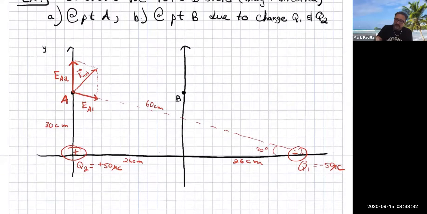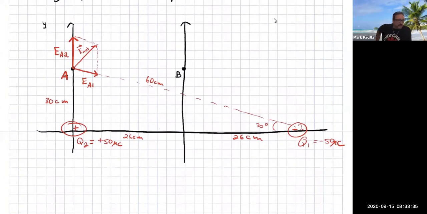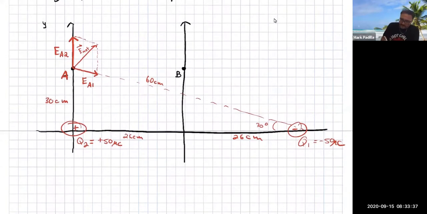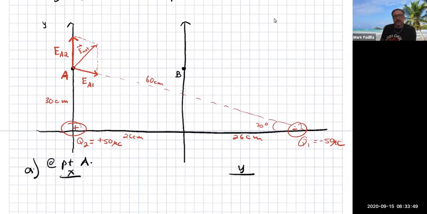Let me change the color. So at point A, the X dimension, the Y dimension. So E, let's do this, EA2X.